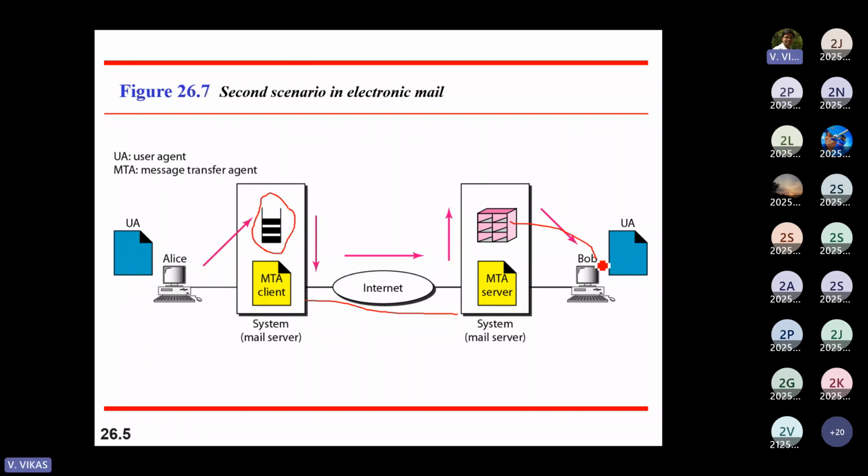Whenever you are waiting for some service at a router, will you have mailboxes or queues? Queue, sir. Yes, so the same thing we are doing here also. We are waiting to get service from the MTA client. That is the reason we are waiting inside a queue.